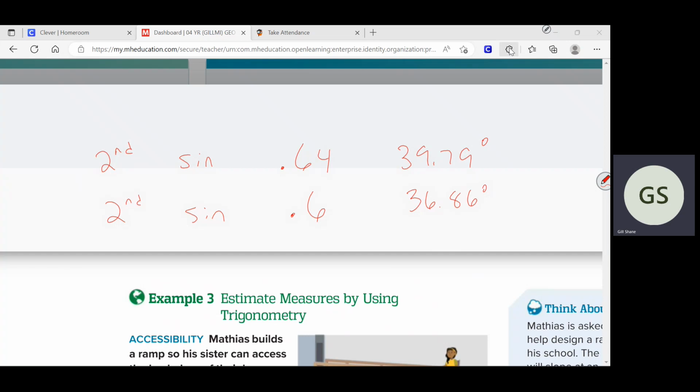Now that I know this is 5, I can find this side because the short side times the square root of 3 gives you the longest leg. The longest side is actually that, because we multiply by 2 to get this, and we multiply by the square root of 3 to get that. Or if I had given you this and you needed to solve for that, you would have divided by the square root of 3.